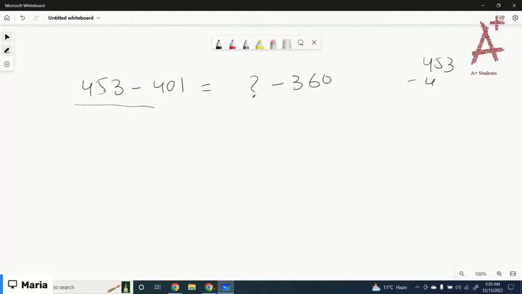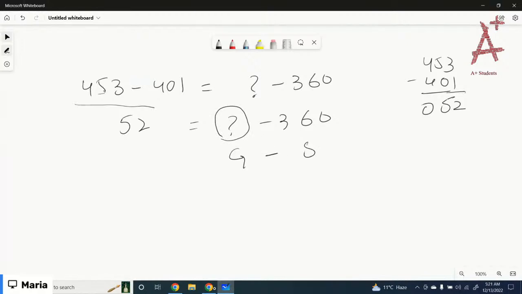453 subtract 401. 3 subtract 1 is 2. 5 subtract 0 is 5, and 4 subtract 0 is 4. So when you subtract them, you get the answer 452. Okay. That means the greater number is missing, because you always subtract the smaller number from the greater one, isn't it?